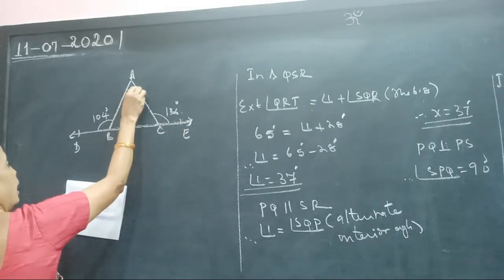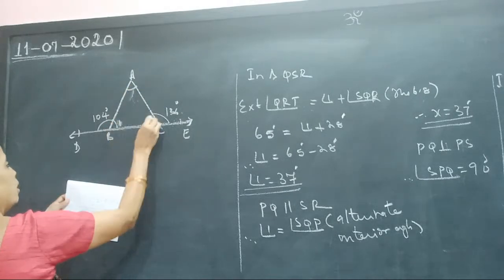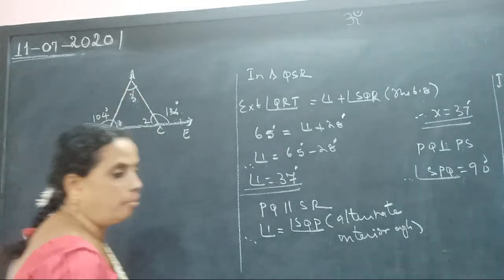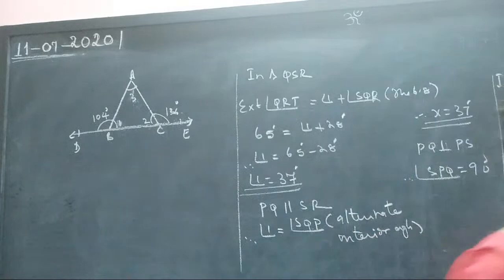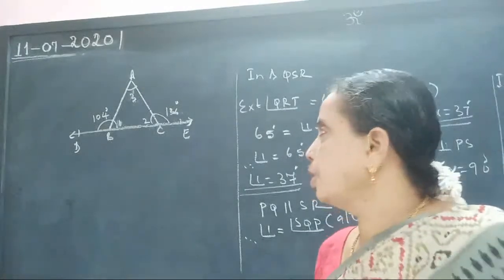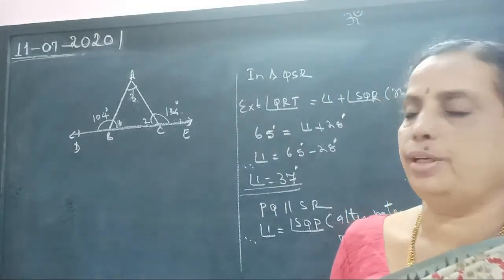Find all the angles. Take one angle as 1, this as 2 and this as 3. Come on, do it by yourself. I want the answer: what is the measure of angle 1, angle 2 and angle 3?